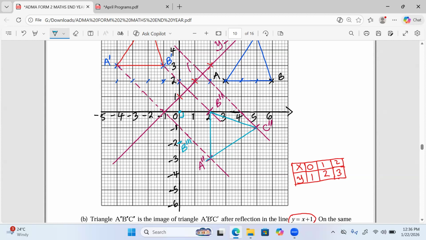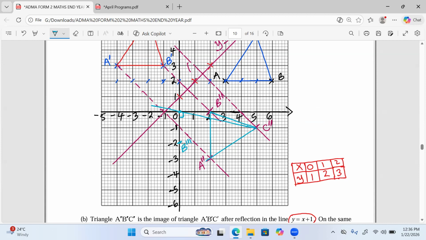Then for C, we do the same. We connect C to the center. I extend the line a little bit. Then I stand at the center of the rotation.